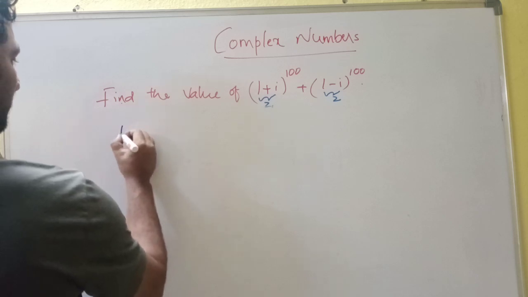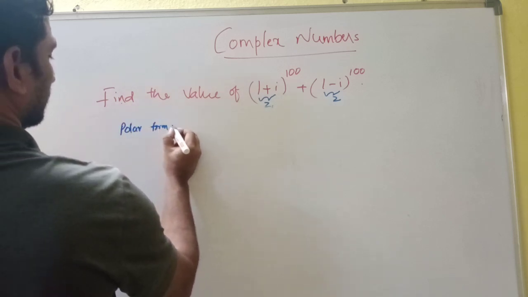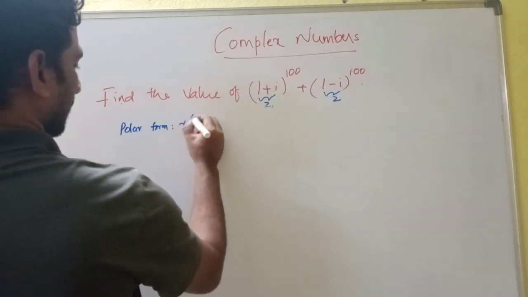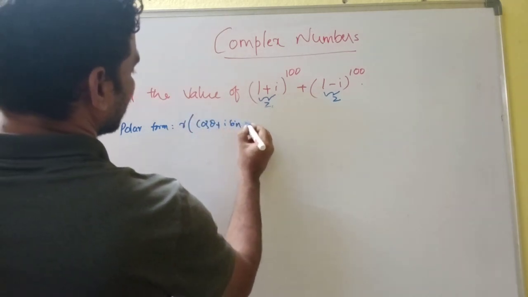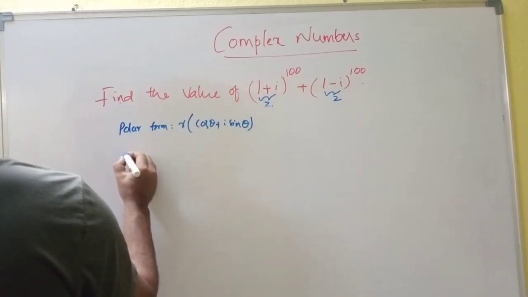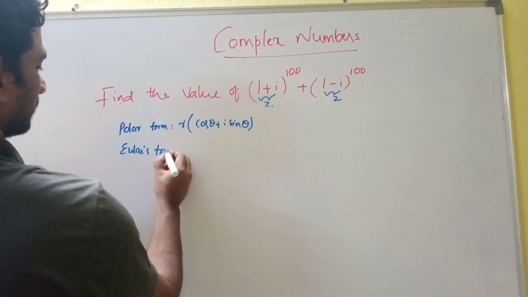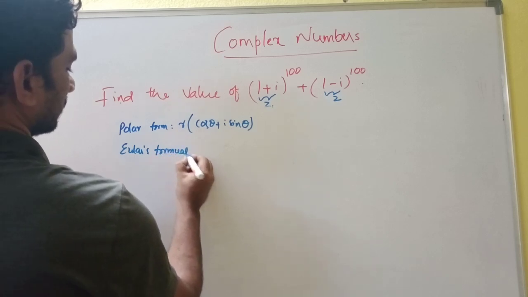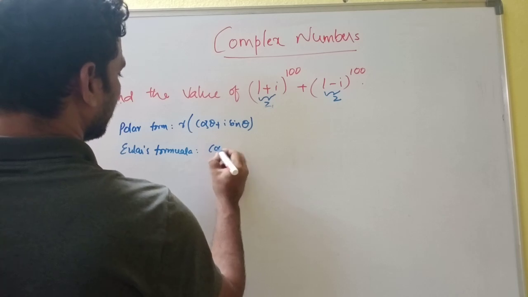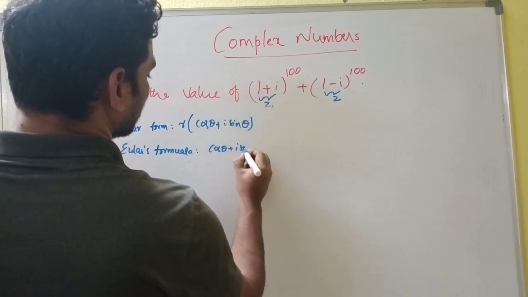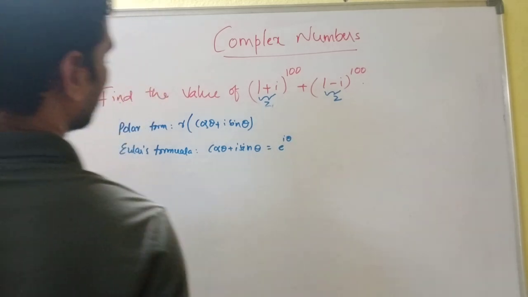So here the polar form is r into cos theta plus i sin theta. Next, Euler's formula: cos theta plus i sin theta equals e power i theta.